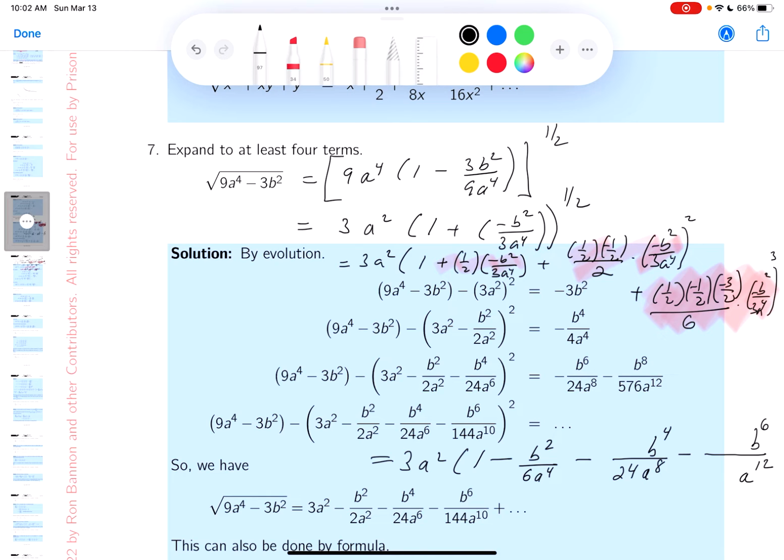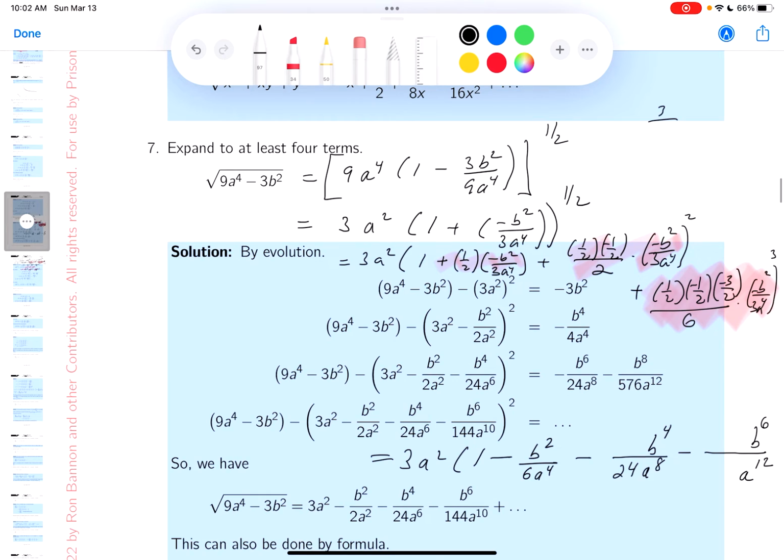All right, let's keep going. Got to get the number now. I already know the sign of it, by the way. It looks like you get 3 on top and 8, and on bottom, you get 6 times 27.